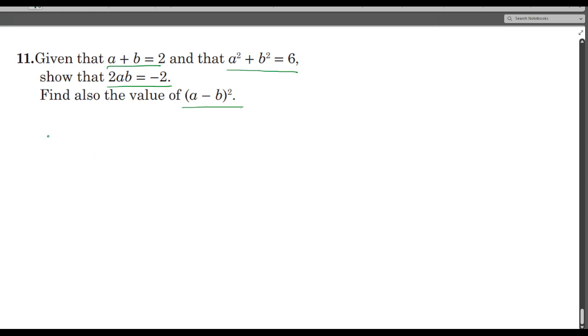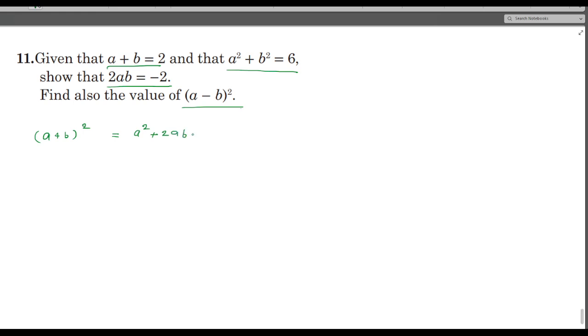Okay, what we do, let us write a plus b the whole square. Now when we write a plus b the whole square, the result is going to be a square plus 2 times ab plus b square. If you remember in the beginning, I explained you that either you multiply or you remember.